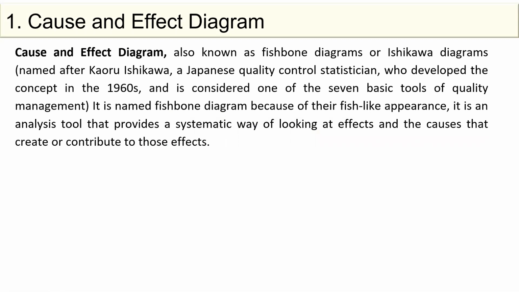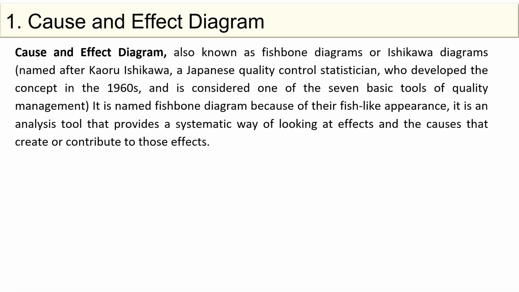We have a cause and effect diagram. Cause and effect diagram, also known as fishbone diagram or Ishikawa diagram, named after Kaoru Ishikawa, a Japanese quality control statistician who developed the concept in the 1960s, and considered one of the seven basic tools of quality management.